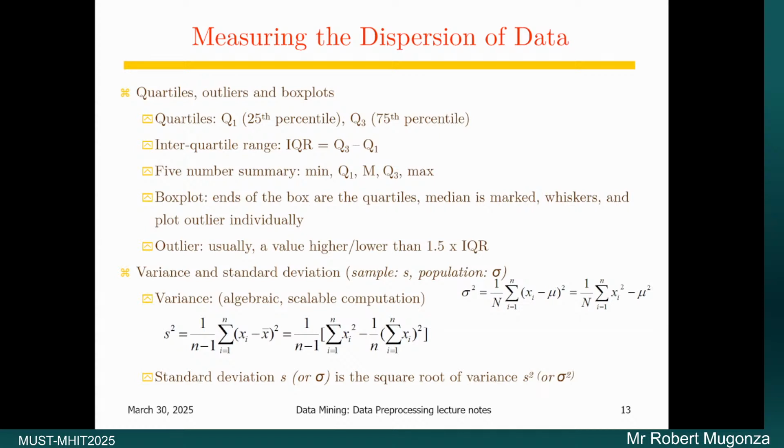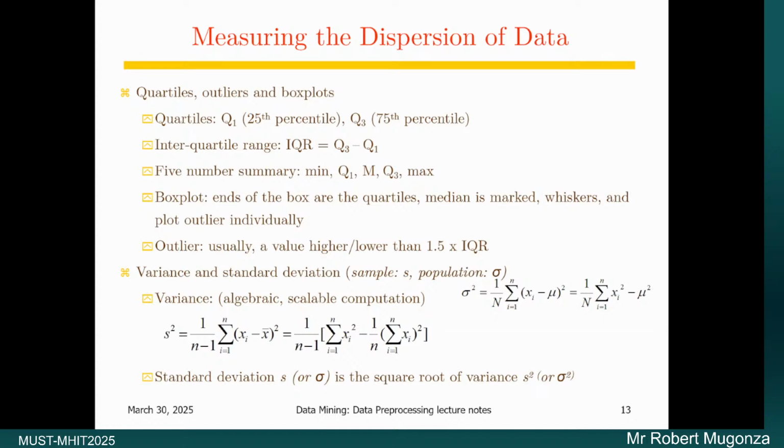standard deviation. Before you walk into quartiles and usage of box plots, the first thing that comes into the data miner's mind is: can I see how this data is spread away from the mean?